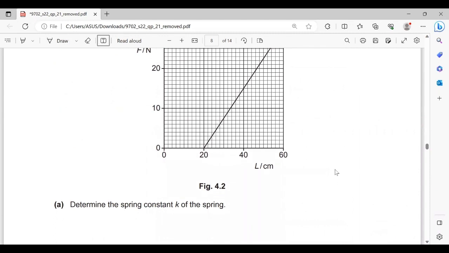Determine the spring constant K of the spring.